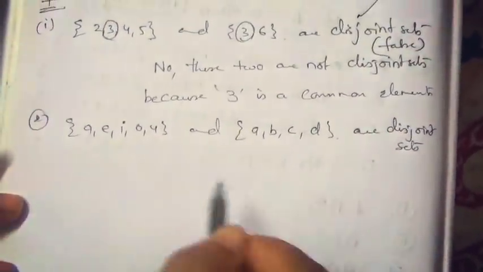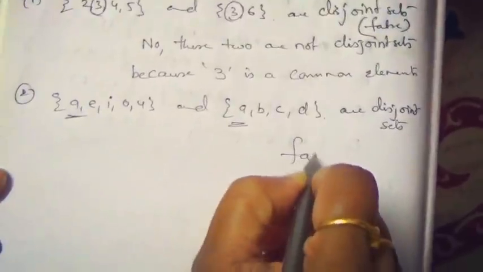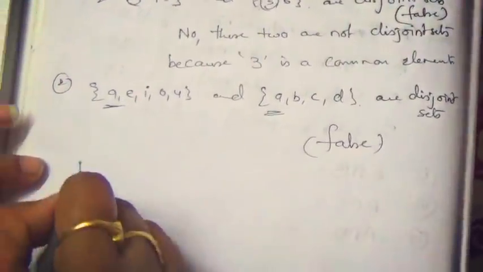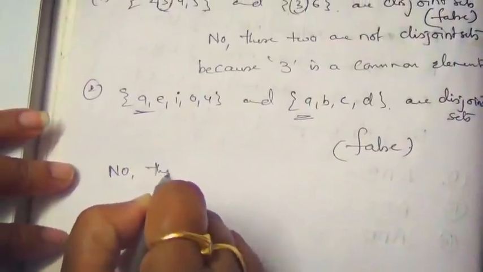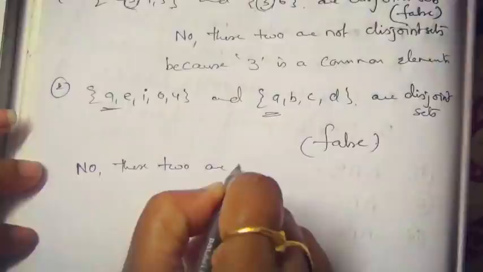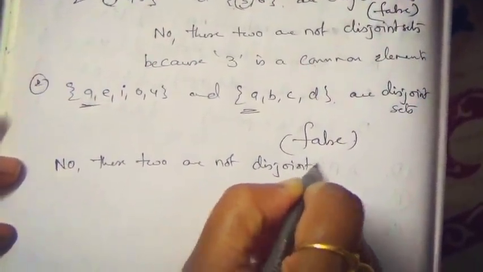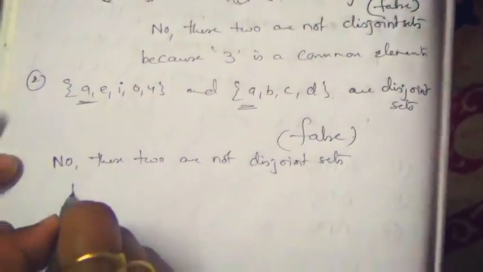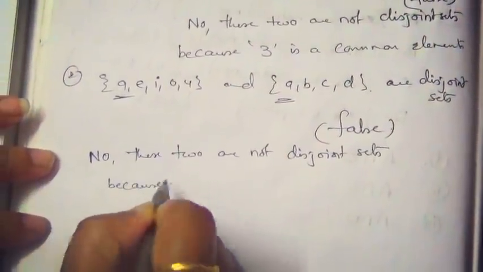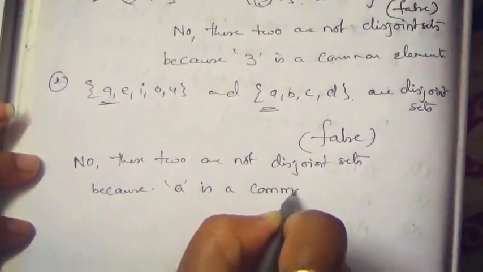Is there any common element? Yes, A is there. So false. These two are not disjoint sets because A is a common element.